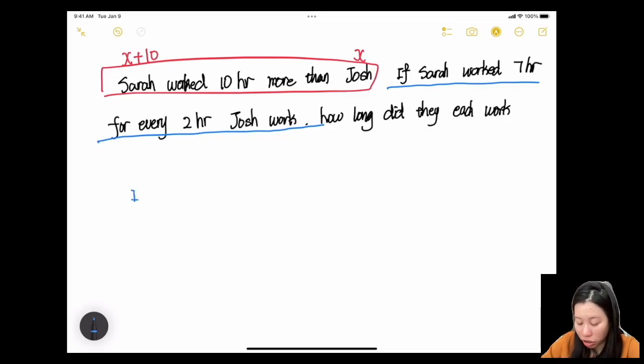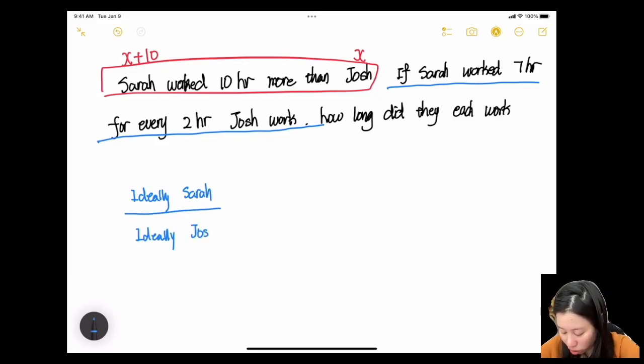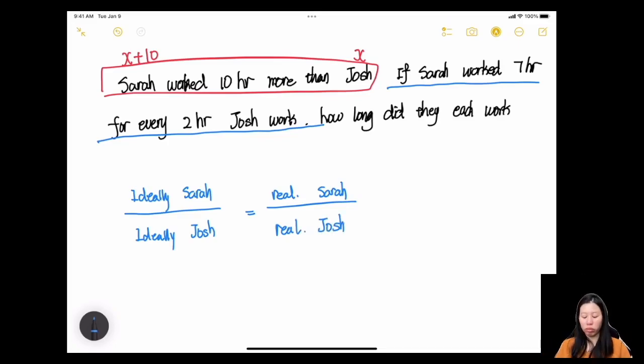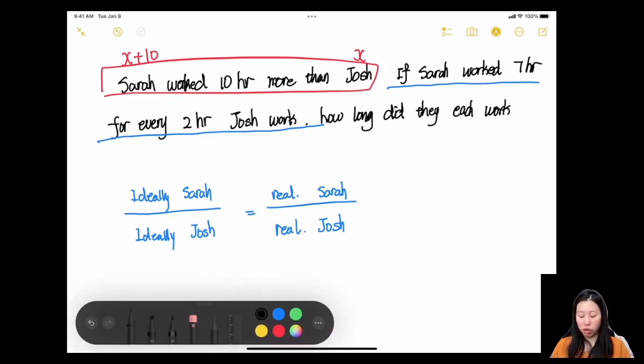So ideally, how much Sarah works over ideally how much Josh worked equals, in reality, how long did Sarah work over, in reality, how much Josh worked. That's how you set it up.